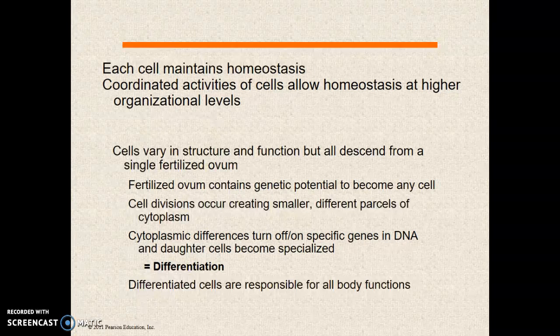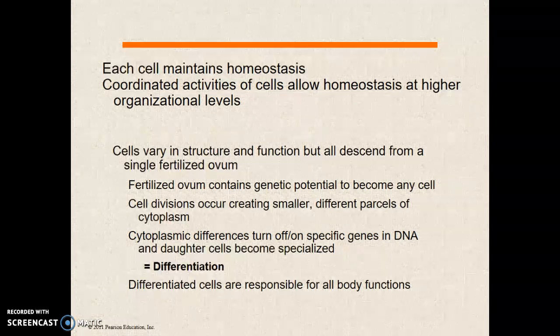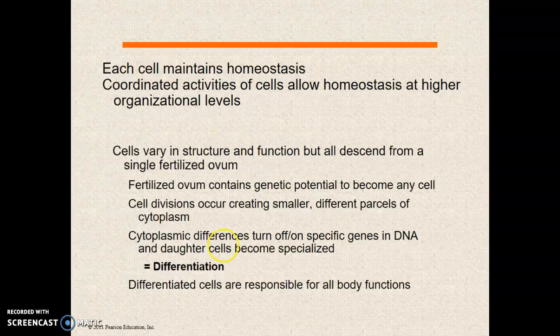As these cells divide, the DNA is affected, and the DNA is turned off in some cells and turned on in other cells, and it creates differences in the cells called differentiation. Once all of the cells have differentiated, there are basically 4 kinds of tissue. Tissues are made up of cells that have the same structure and function.